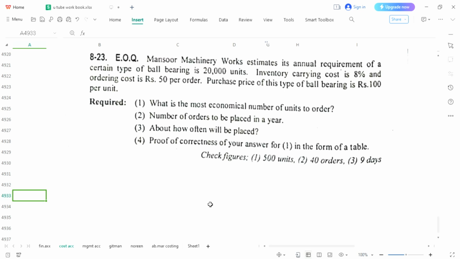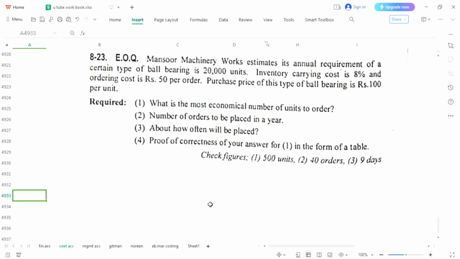It's a simple question, but kindly keep it in mind, this is a very scientific way of calculating the number of units to be ordered, with which you will get maximum financial benefit: least cost with maximum profit.